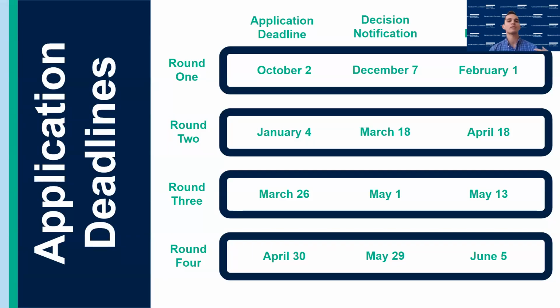So just because someone might interview in January versus someone that interviews in March doesn't make the person who was interviewed in March a lesser applicant than whoever interviewed in January. Particularly in round two, we have such a high volume of applications relative to the rest of these rounds, where there's really no particular order we can go into.